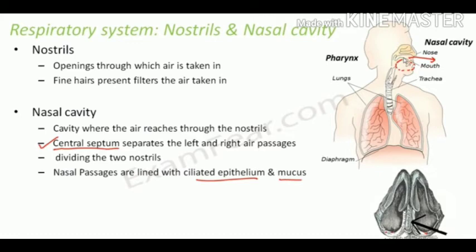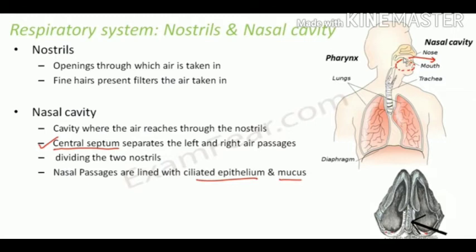After that comes the nasal cavity. The nasal cavity is the cavity where the air reaches through the nostrils. The central septum separates the left and right air passage, dividing the two nostrils. What is the central septum?